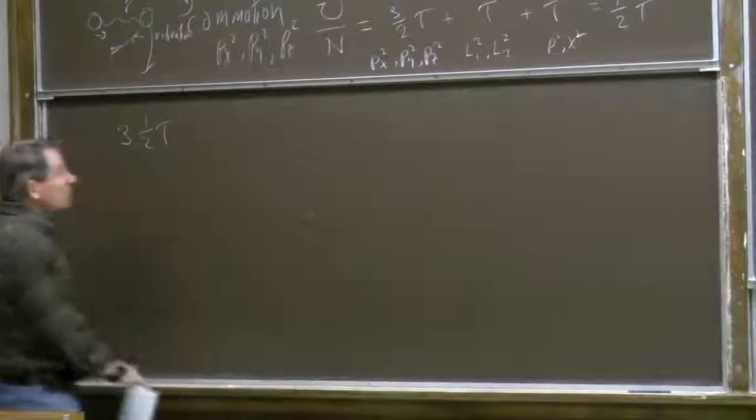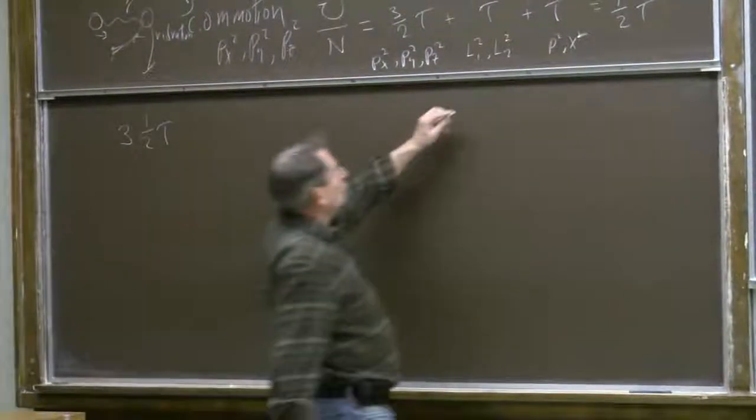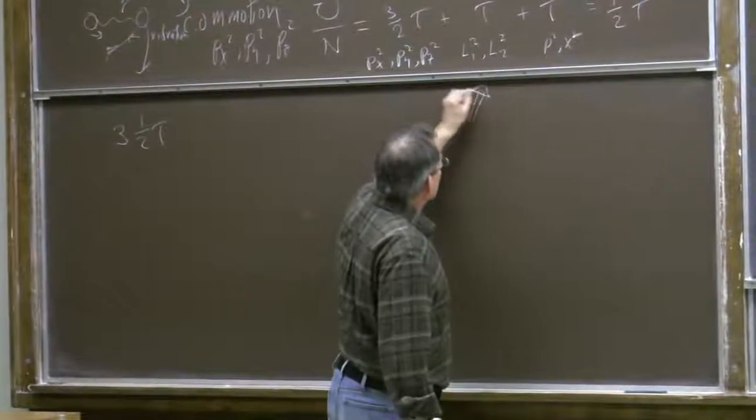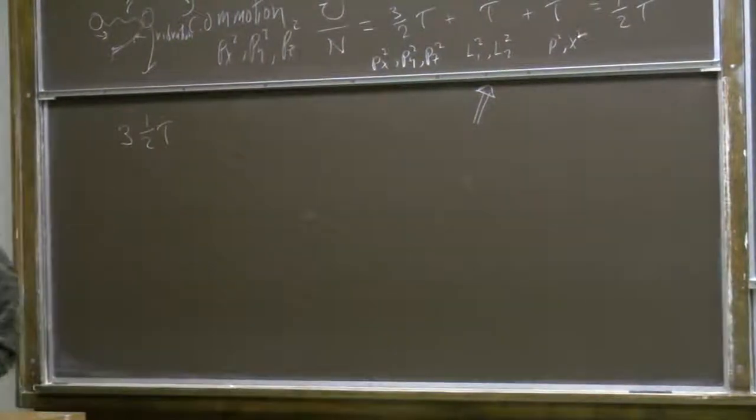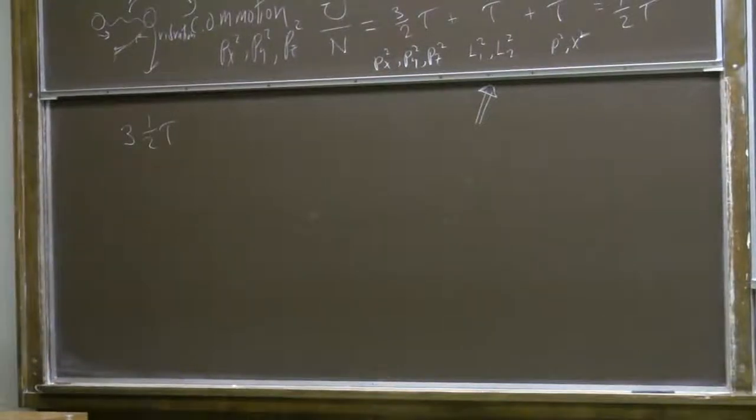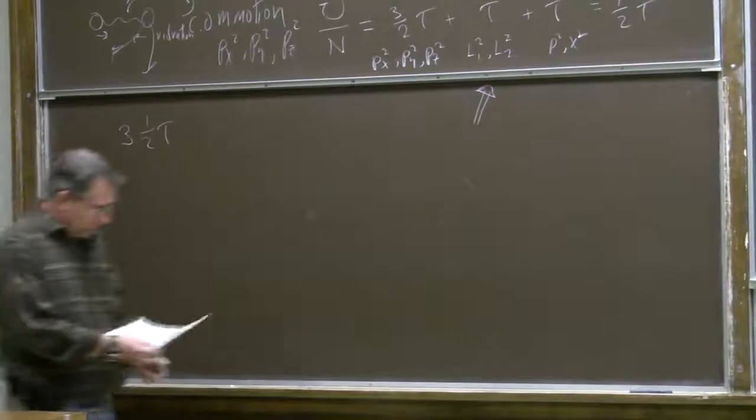And so what does it mean to be accessible? When the temperature is sufficiently low as to be comparable to the level spacing for the quantum excitations, either rotational or vibrational, then quantum effects become important.